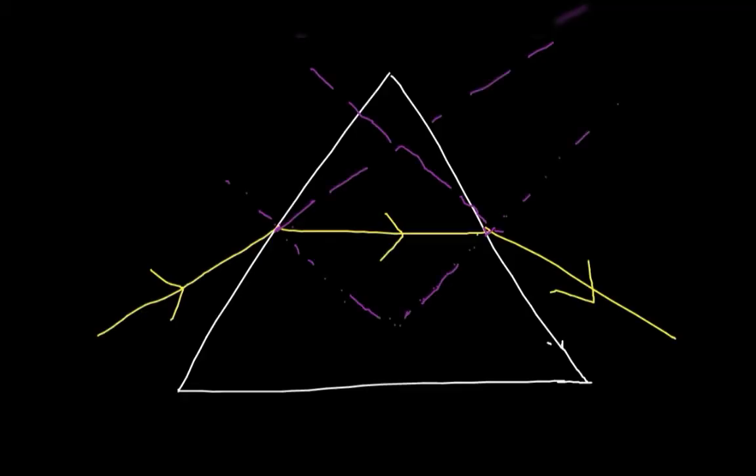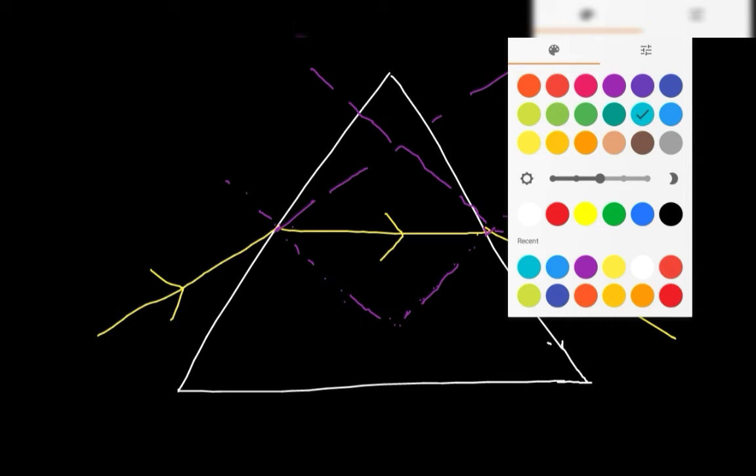Now when there is refraction through a glass prism, what are the terminologies? Let me actually draw a glass prism now. This is the best I could draw of a prism. Let's mark the points with white.